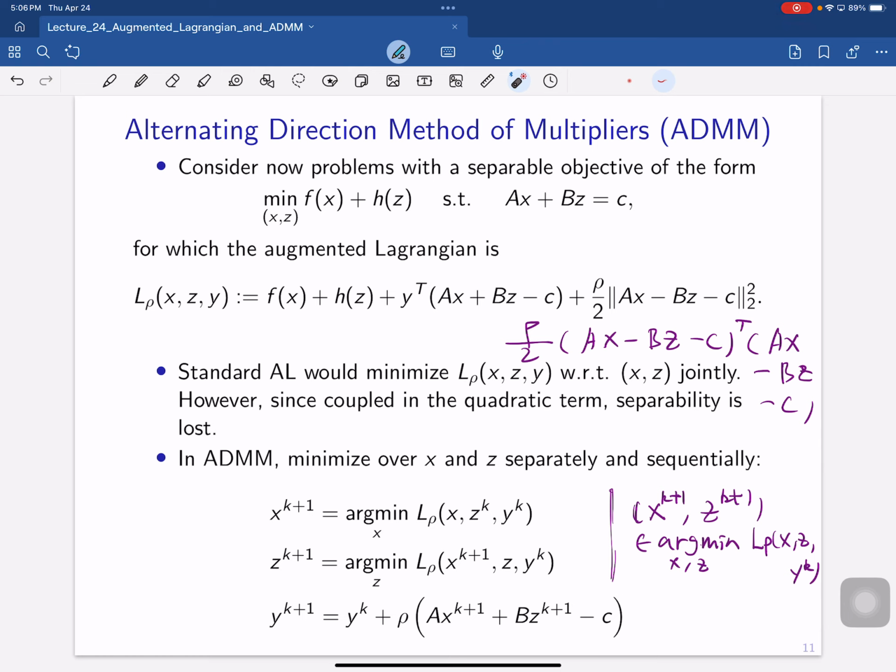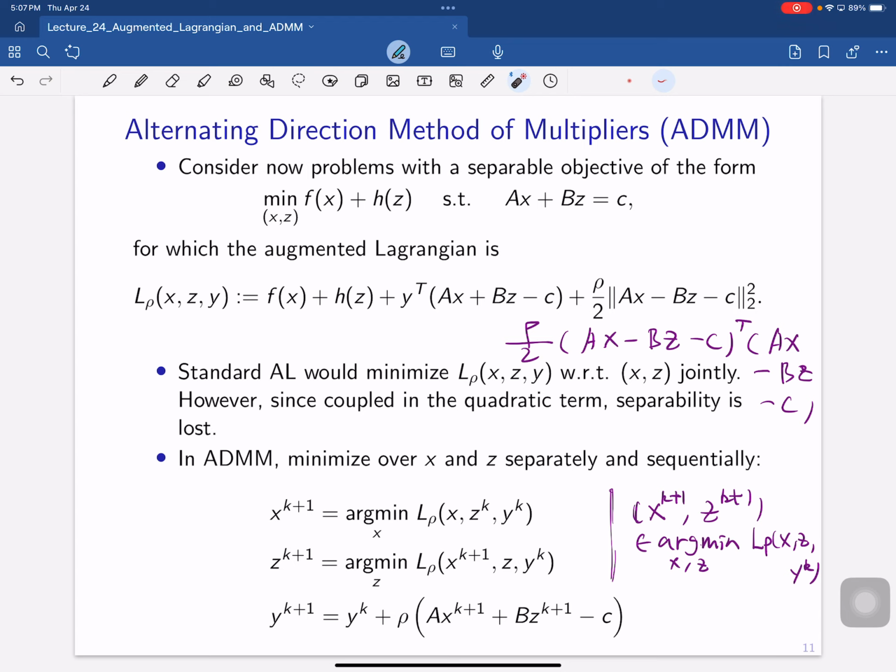And once you have updated x to be x^(k+1), then when you're optimizing z, you fix x to be the value you just got, x^(k+1). And y, since we haven't updated y yet, we still fix at the previous iteration. After you have updated x and z to x^(k+1) and z^(k+1), you do the same dual ascent step to update the dual variable, right?